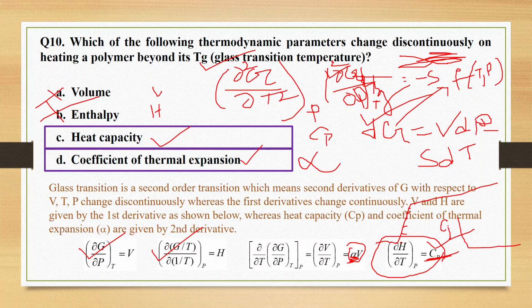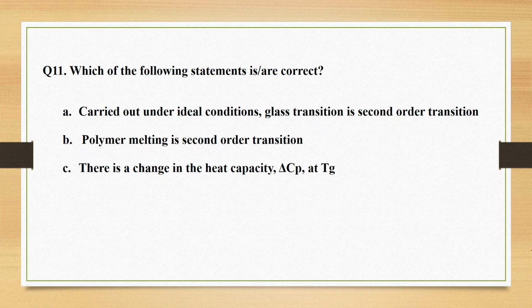If you plot Cp versus temperature, then you can get something like this. The second order derivative will change discontinuously, there will be a discontinuity between these two. Fine, let us move to the next one.